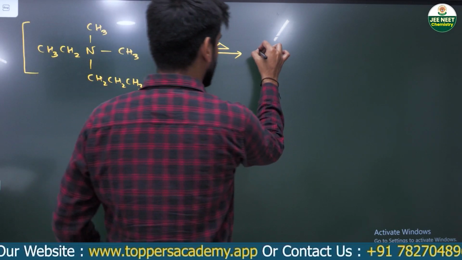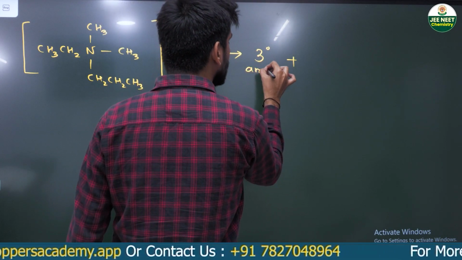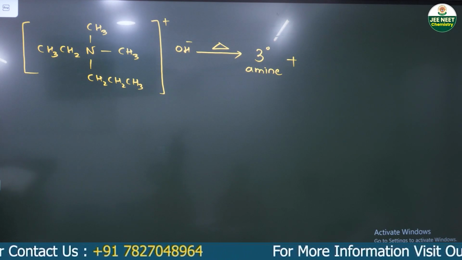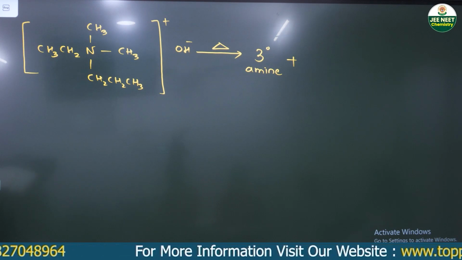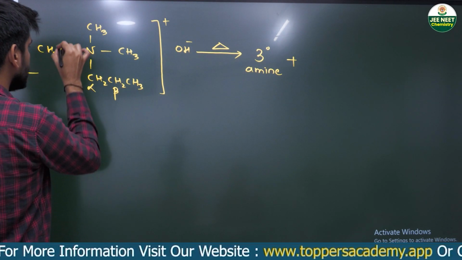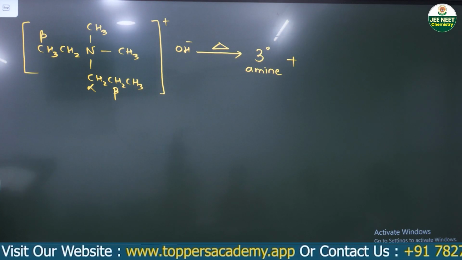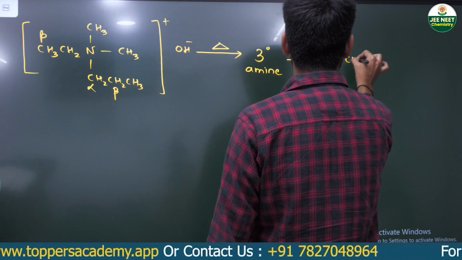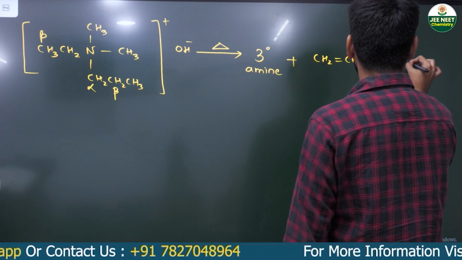But I just want to know about the alkene. There are two types of alkenes formed now, because there are two types of beta hydrogens. So there will be two alkenes: CH2=CH2 plus CH3CH=CH2.